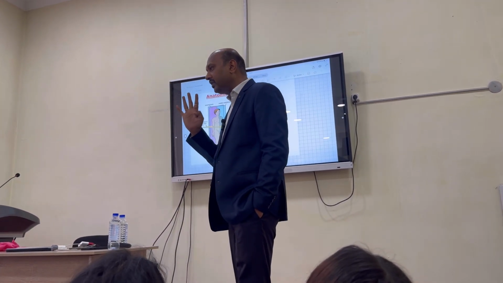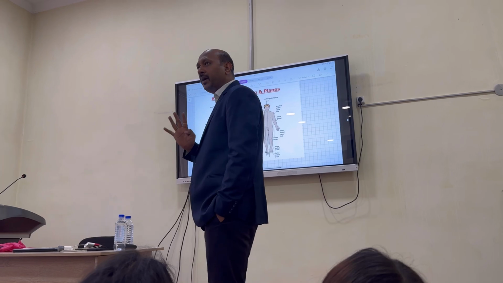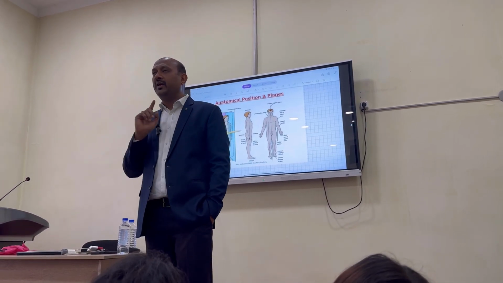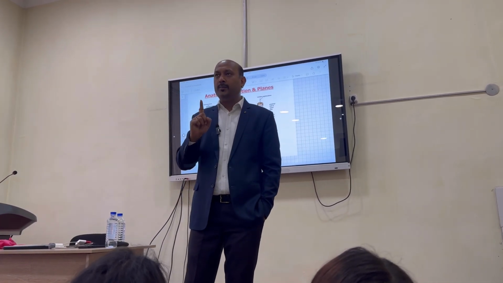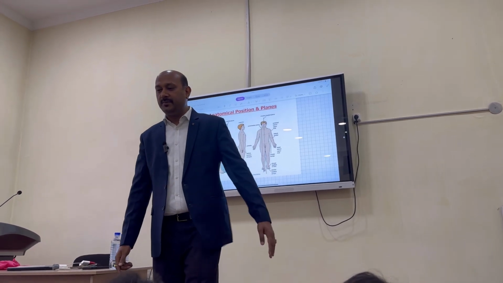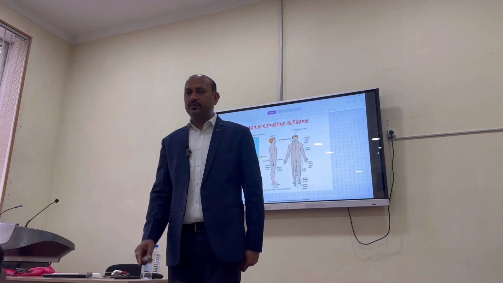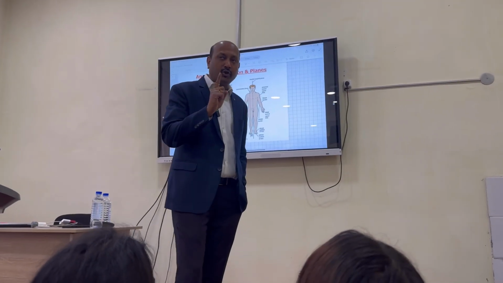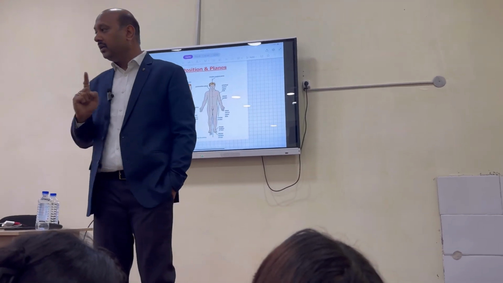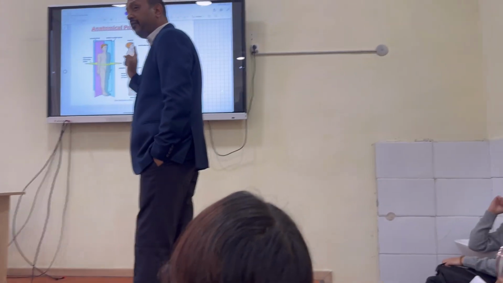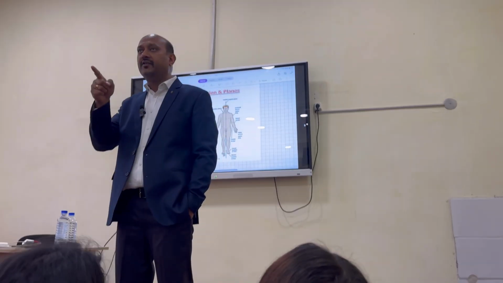There are four lines that you should remember to define the anatomical position. Number one, your body should be erect. That means he is standing in the erect posture, right? Number two, both of his eyes looking towards the front.